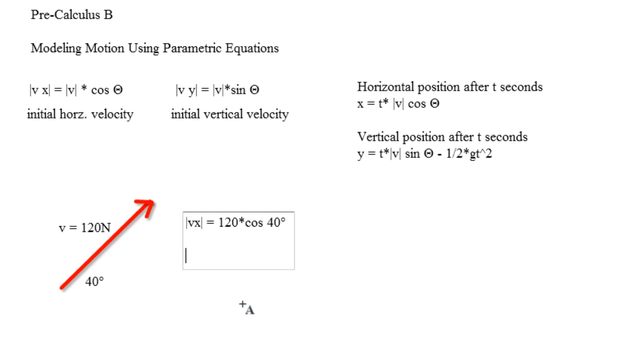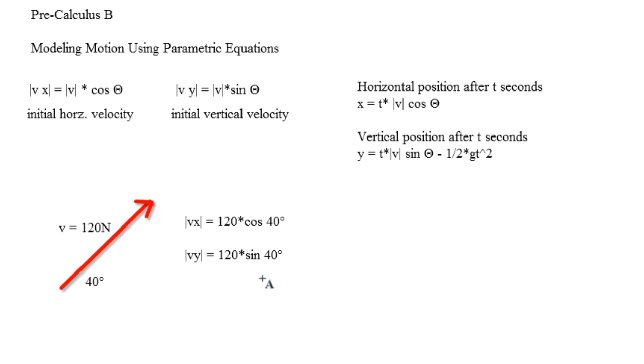All right, and then the initial vertical velocity is going to be 120 times sine of 40 degrees. Now, if this looks familiar, it's because you're working with right angle trig again. I mean, it's just as simple as possible.